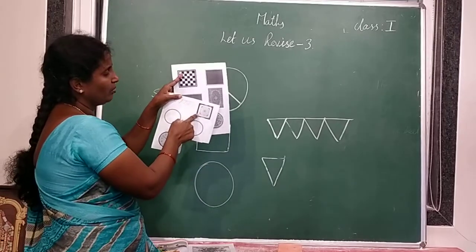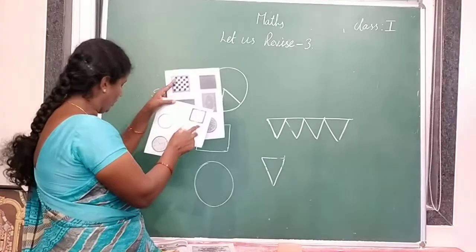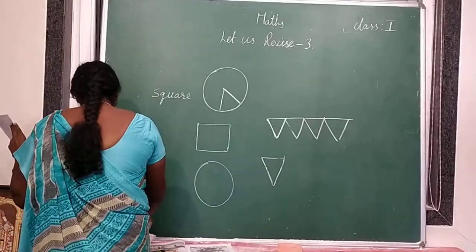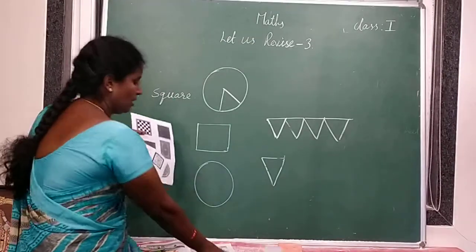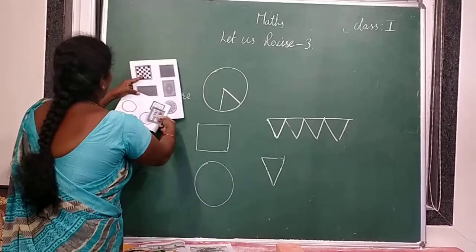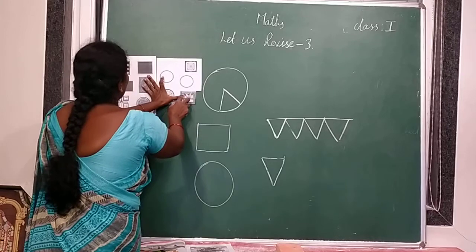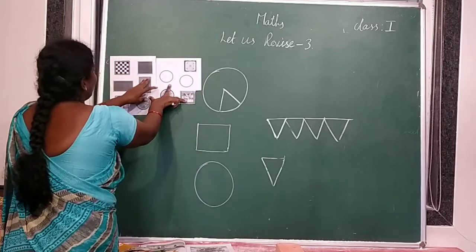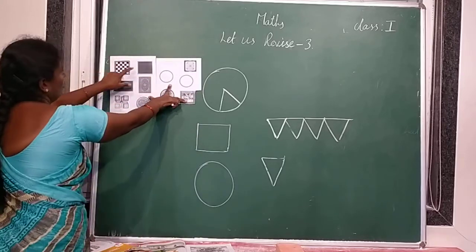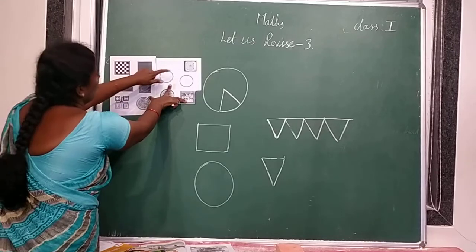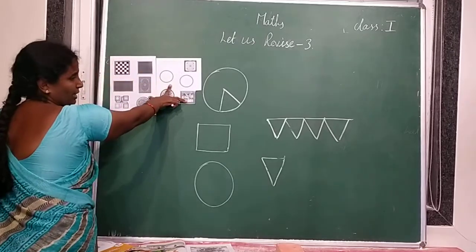Only one square. So this is 1. And one more square I have. This is also in square shape. This is also in square shape. So totally how many squares are there? 1, 2, 3, 4, 5 squares are there.